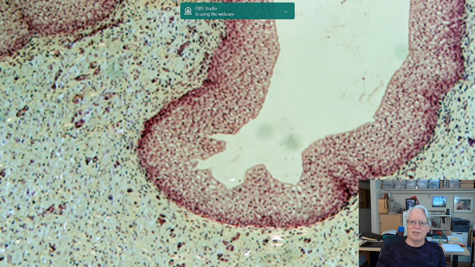Same thing. Look, this is dark here because the nuclei are very closely packed together, and the nuclei are picking up that stain a lot more than the rest of the cell. And so this tends to be darker down here, and this is lighter up here. You can't actually see the cell shape very clearly, but you can see we have many cells. We have a thick band. So you're saying, oh, is that stratified squamous?